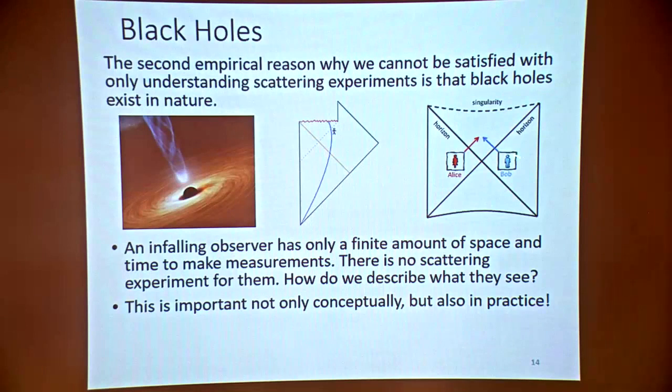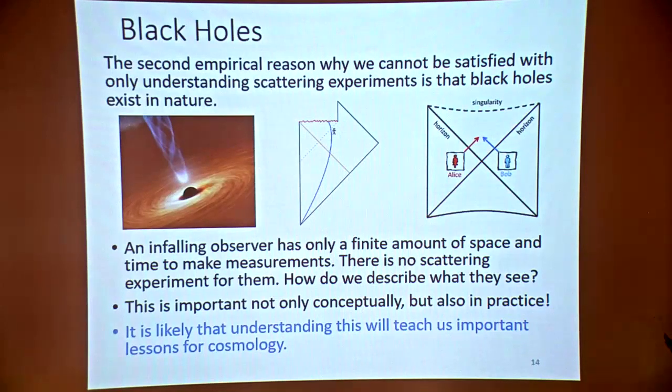And of course, they would like to understand their behavior after they jump into the black hole, whether they are going to meet or not. And this is of practical use for them. And we'd like to have a description of their experience even after they cross the horizon. And for such situations, it is definitely not possible to describe it as a scattering experiment.